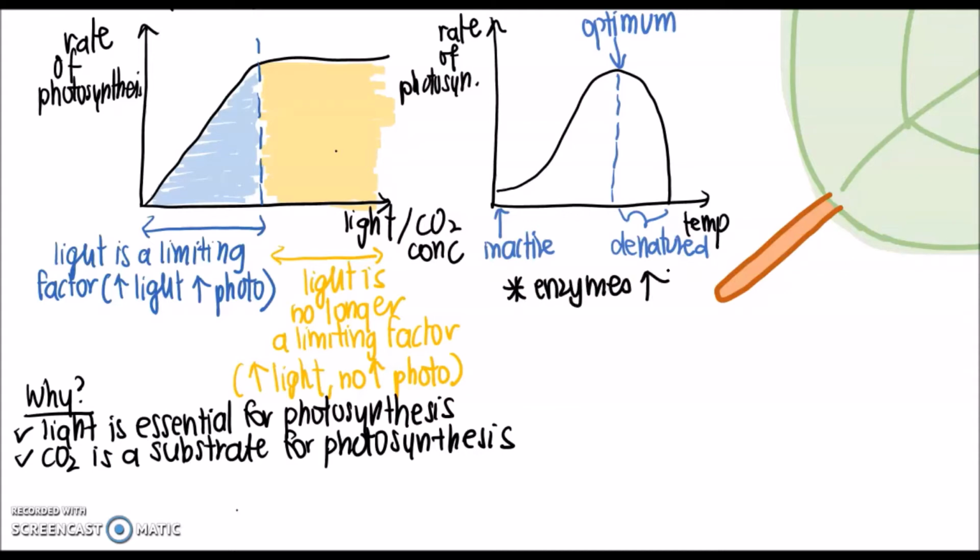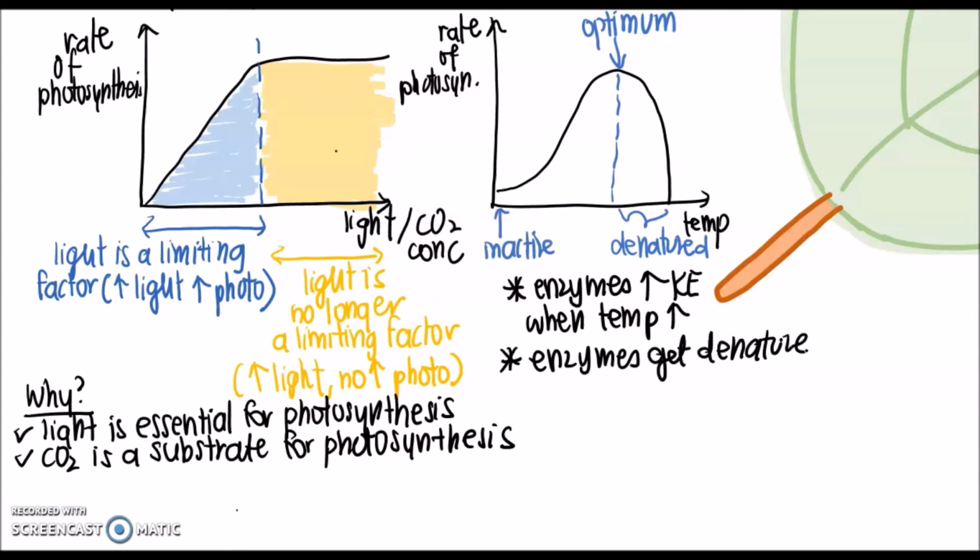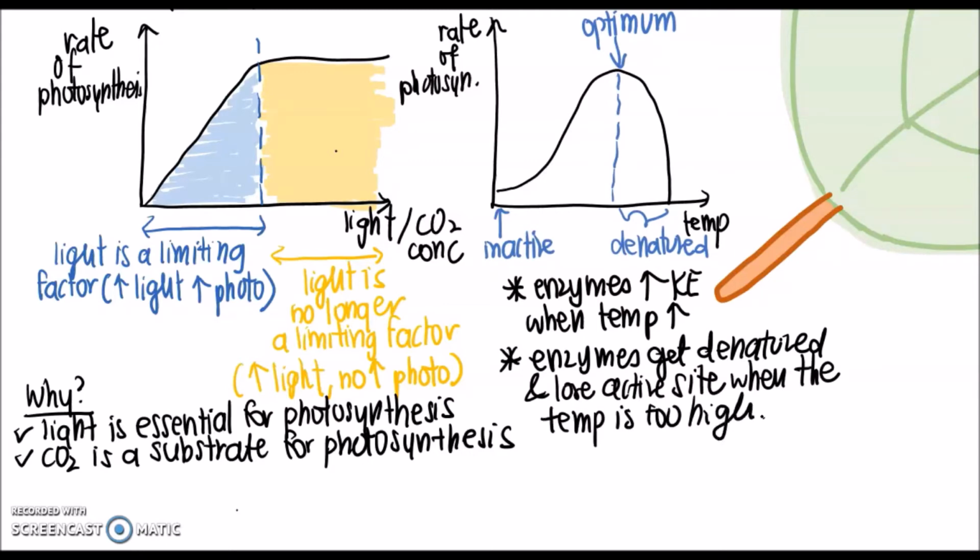For temperature, enzymes will increase in kinetic energy when temperature increases. That's why you see there is an increasing part of the graph. But after that, when the temperature is too high, enzymes get denatured and lose their active site. That is why it will drop at the end.